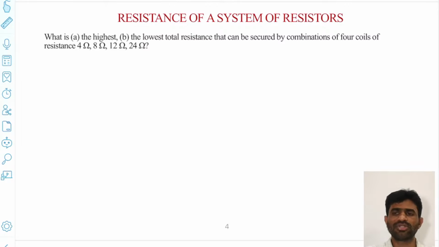First tell me what should be done when you want the highest resistance. How should the resistors be connected? When you want the lowest resistance, how should the resistors be connected? You can respond in the chat. Do you have an idea?